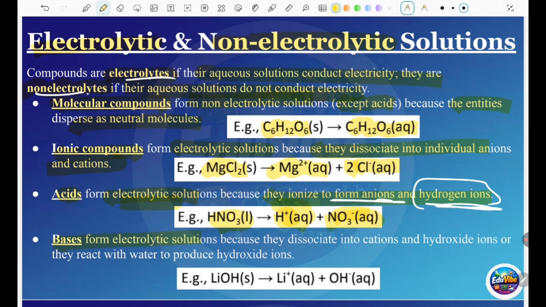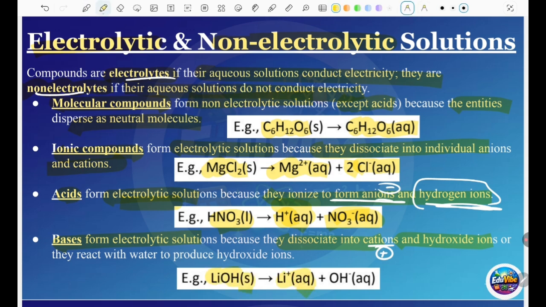Bases are also all electrolyte solutions because they dissociate into cations and hydroxide ions. In bases, we release the cations this time, the positive ones. You know that anions are negative and cations are positive. Like LiOH, a very strong base, in solid.